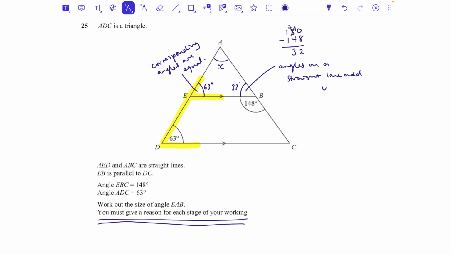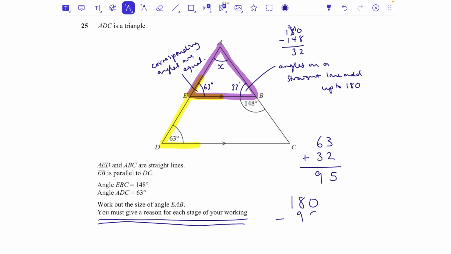And then last but not least, we can now look at that triangle at the top. So let's just highlight that for you guys. So that triangle here, we know that the angles in that triangle would need to add up to 180. So let's do 63 add 32, which is 95, and then 180 take away 95, again, more on the floor, borrow from next door. 10 take 5 is 5, 7 take 9, I'm just going to borrow that one, 17 take 9 is 8.